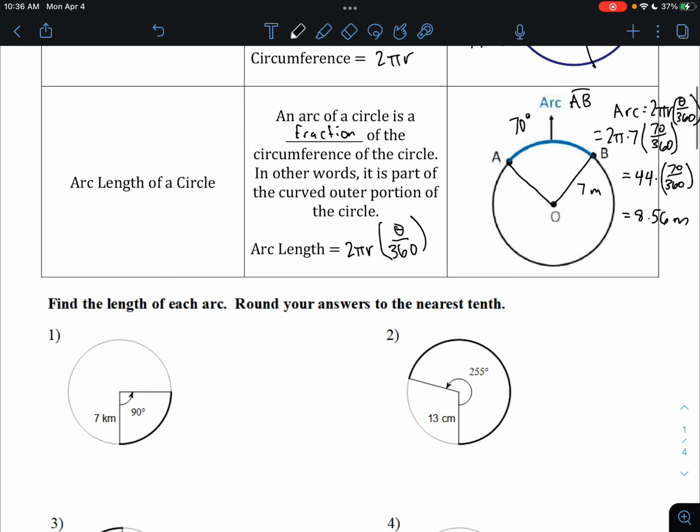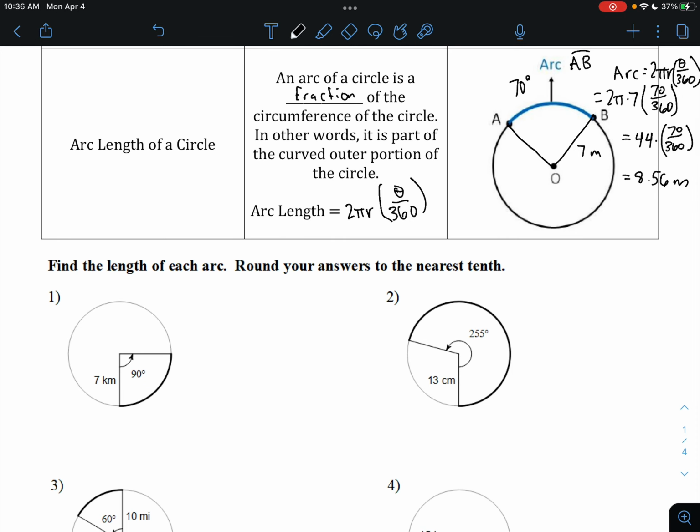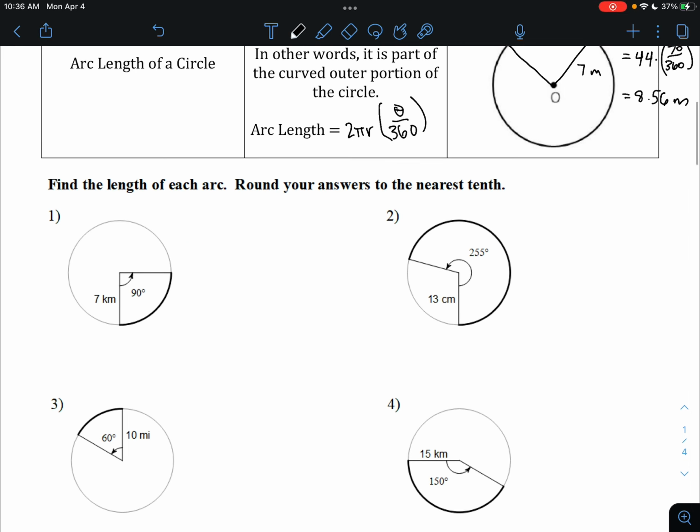So let's take a look at a couple more examples. I'm going to do one more with y'all, and then the other 3 on this page you should be able to answer on your own. Let's start with number 1. We know that the arc equals 2 pi r times theta over 360. And then we plug in what we know. The arc equals 2 times pi. We're going to leave pi there for now because we're going to plug that into the calculator later.